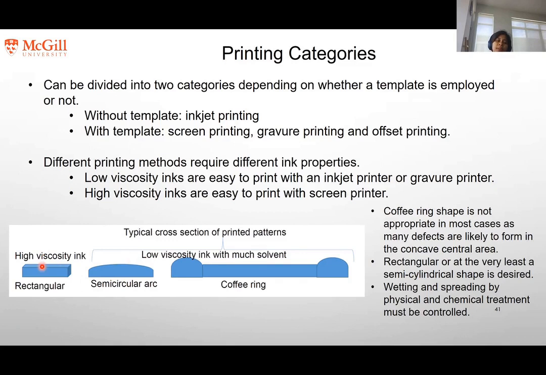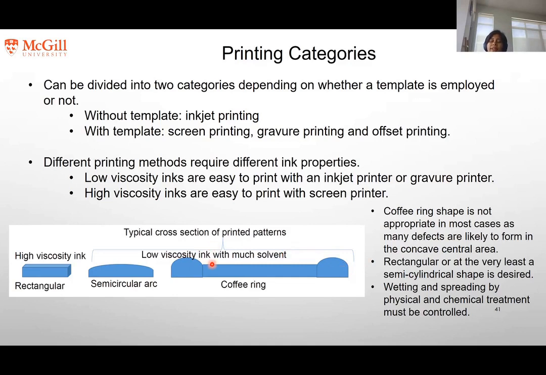When we deposit a high viscosity ink, like here, we wanted to get this rectangular feature. Because it's high viscosity, it doesn't flow much and it forms a nice pattern. Whereas for low viscosity inks, once you deposit, it tries to flow outwards and forms a coffee ring like that. This is basically the cross section.